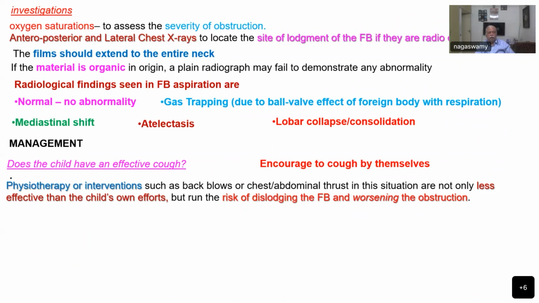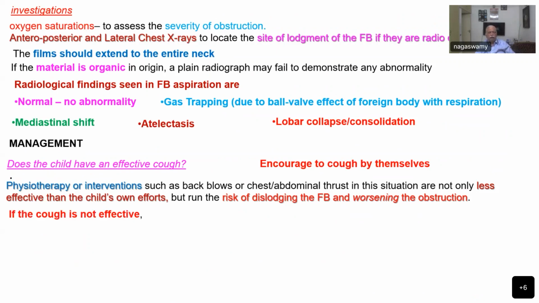As long as the child itself is trying to cough it out, it will have a more powerful cough to bring it out. So in a conscious, well-coughing child, allow them to cough enough to bring the foreign body out. Do not do any maneuvers or intervention.